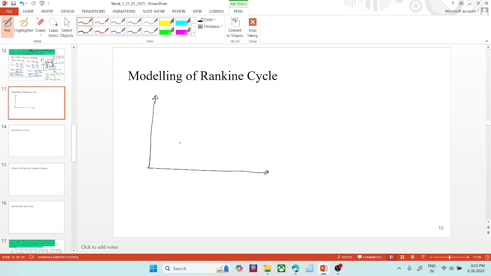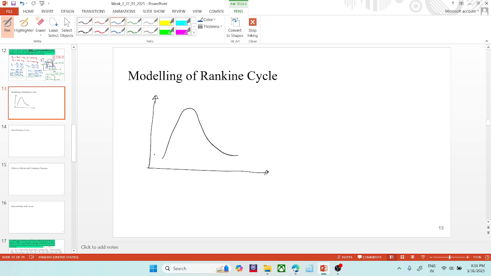So we have moved to the Rankine cycle. Rankine cycle is nothing but, in the Carnot cycle we are having two constant temperature processes, and here we are having two constant pressures and two isentropic processes.